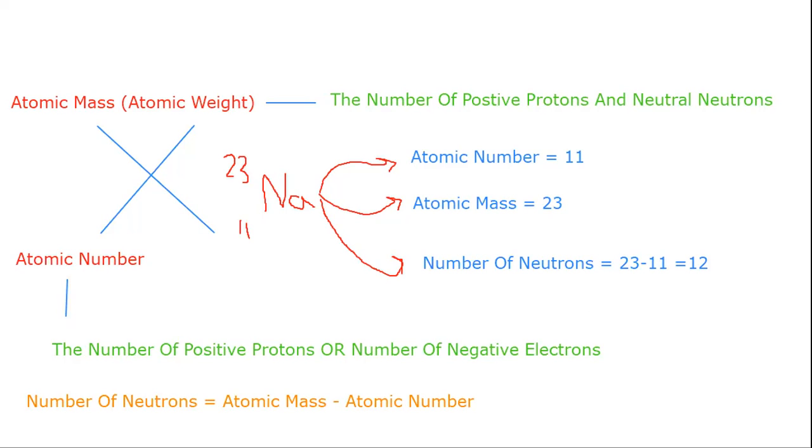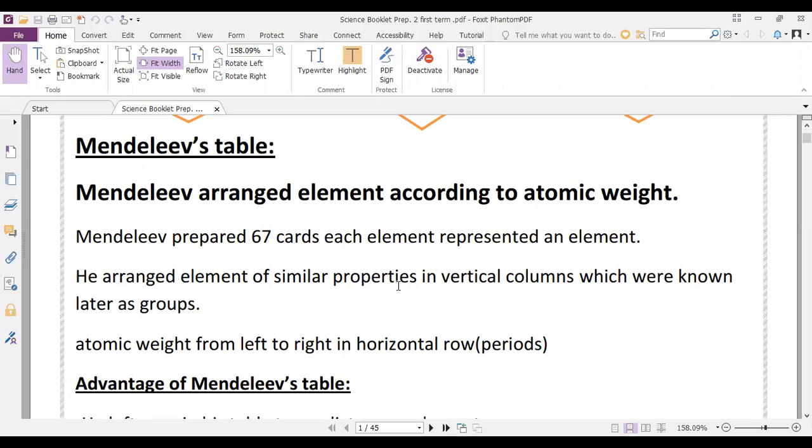Did you understand? Yes. Okay, no problem. Now we are going to move to our sheet. So Mendeleev arranged elements according to atomic weight.